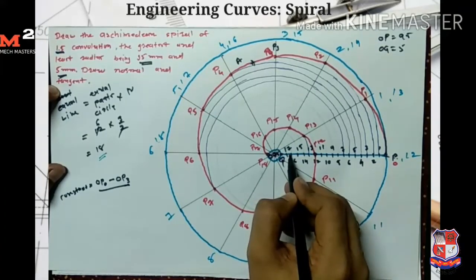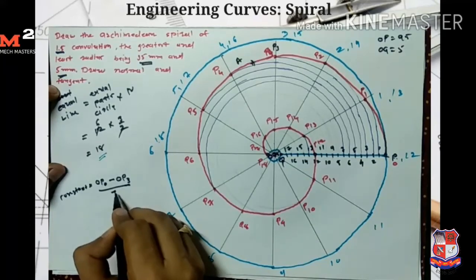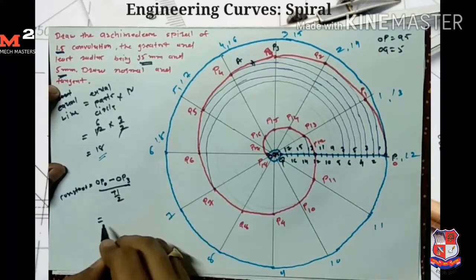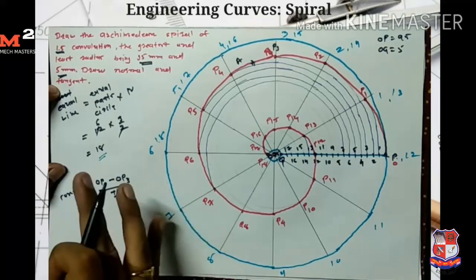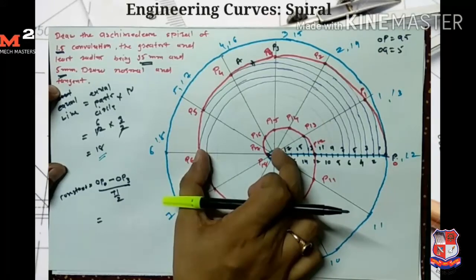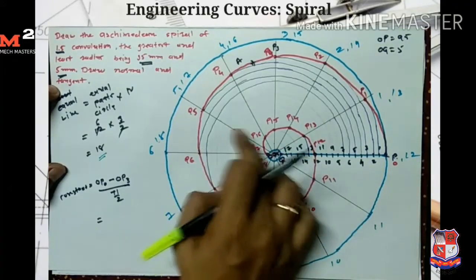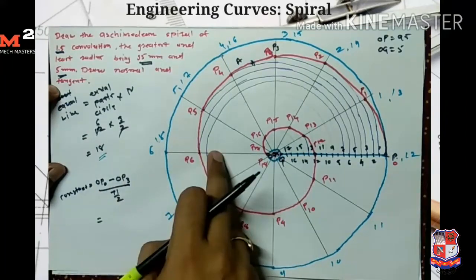But we write the angle in radians, so it's pi by 2. Find the value of the constant using this equation. I take any two vector radii, OP0 minus OP6, but then the angle between them is 180 degrees, so pi.